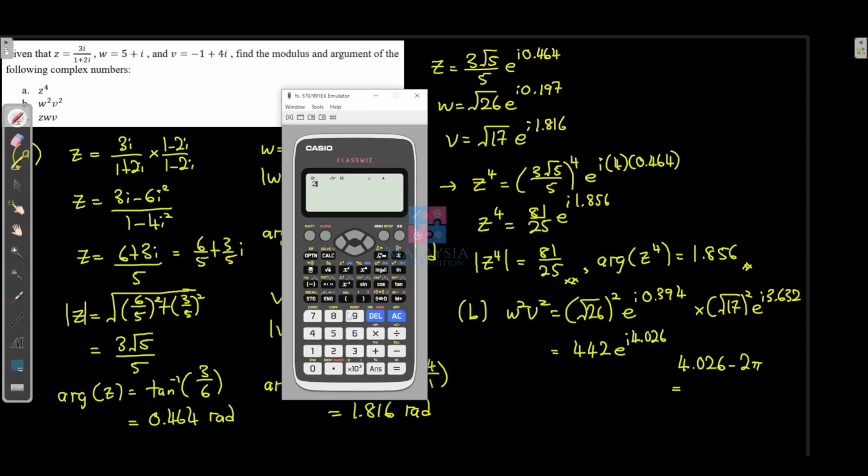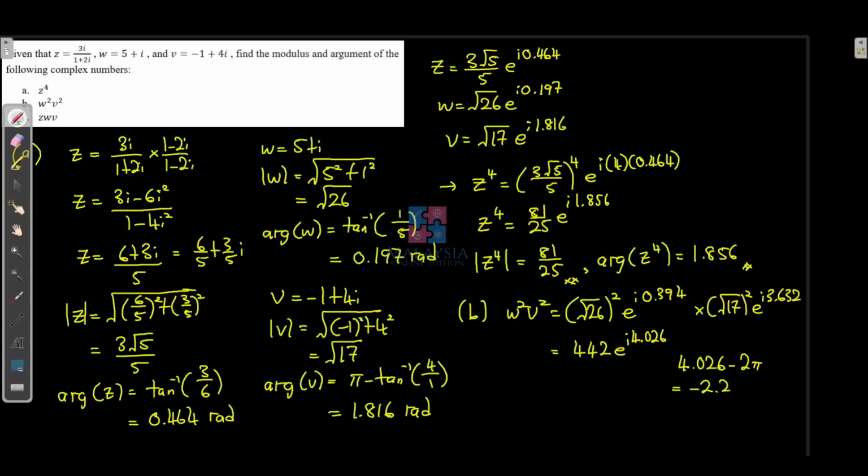So 4.026 minus 2 pi, what do we get? Negative 2.257. So now we can write this as 442 e^(i) negative 2.257.